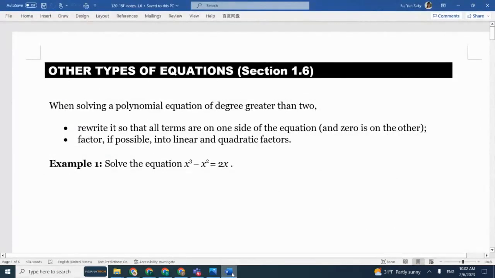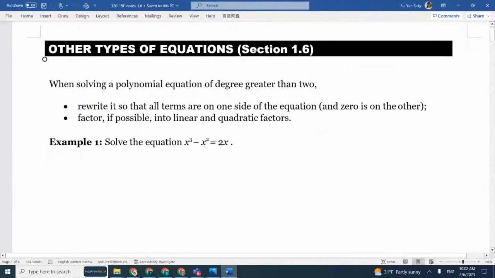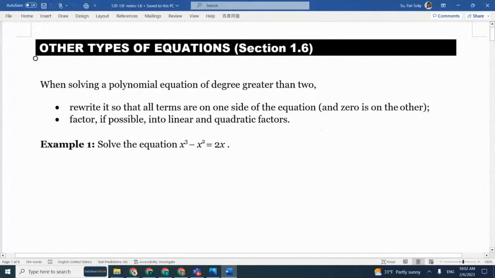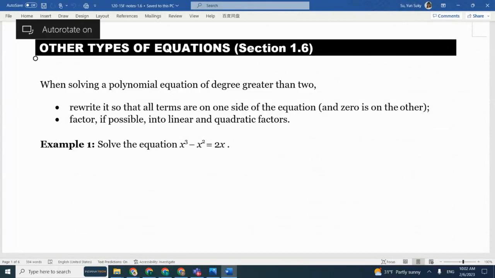Other types of equations. So yes, this session is about solving equations. And we have seen some examples about solving equations, like a quadratic equation. Remember last class on Friday, we talked about 2 methods to solve quadratic equations.